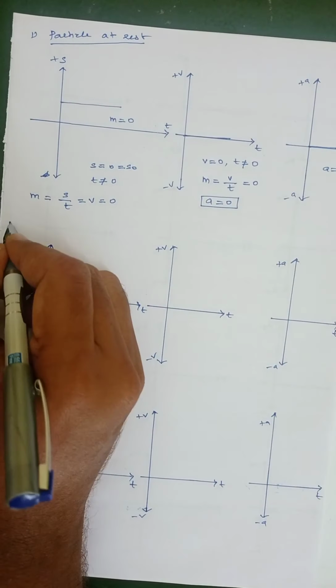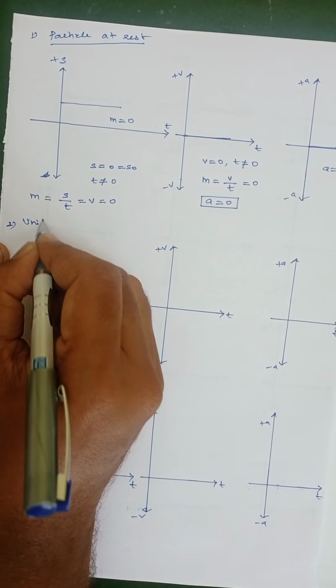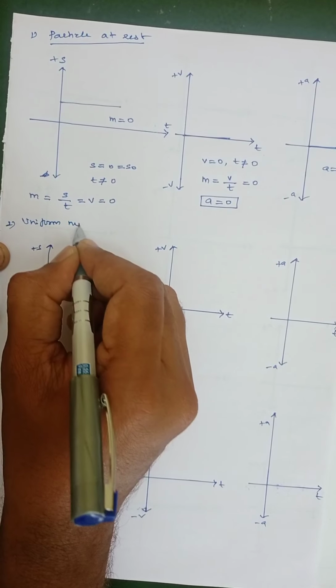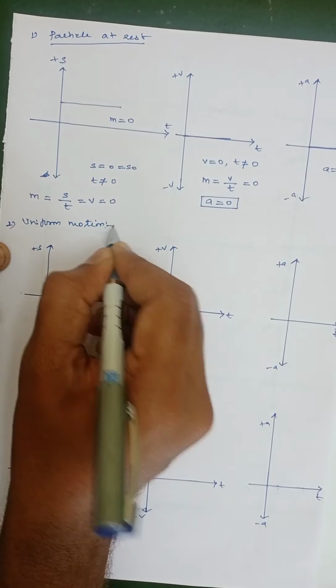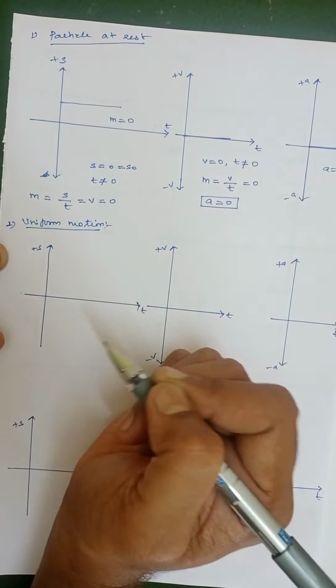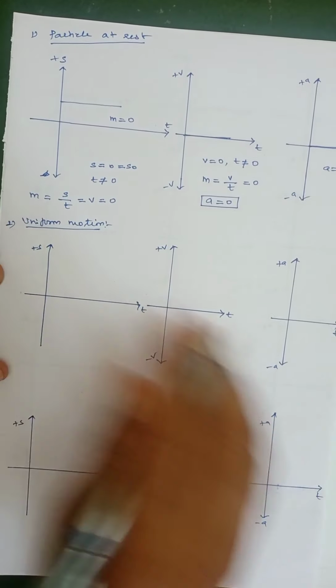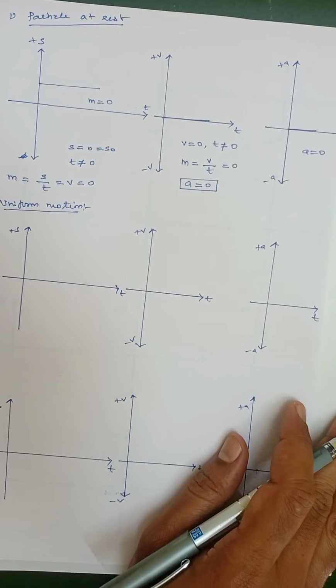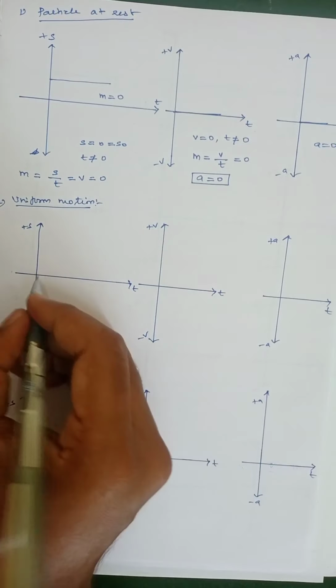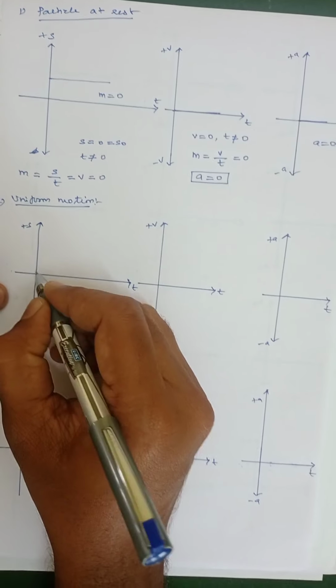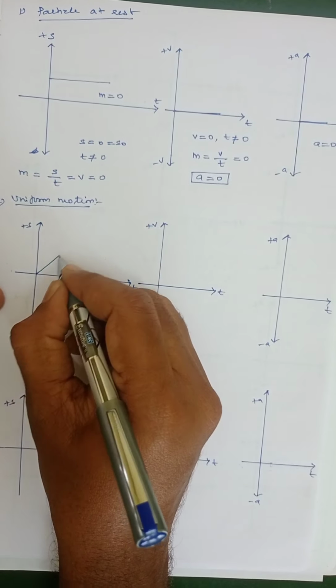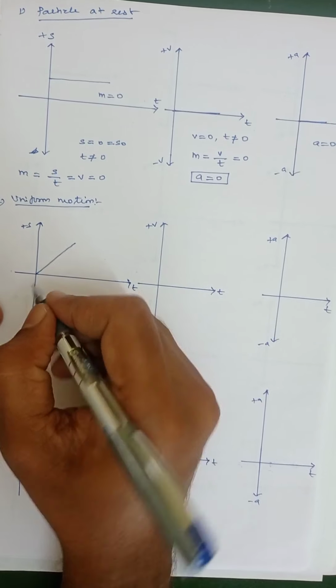Next, second, uniform motion. Next graph method is uniform motion. For uniform motion, let us consider a particle moving like this.